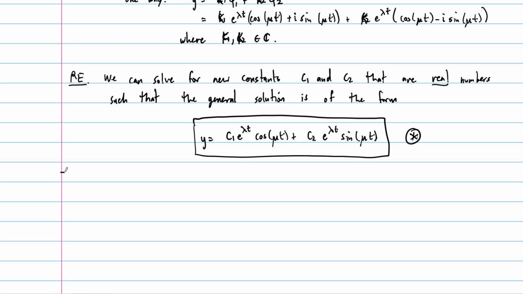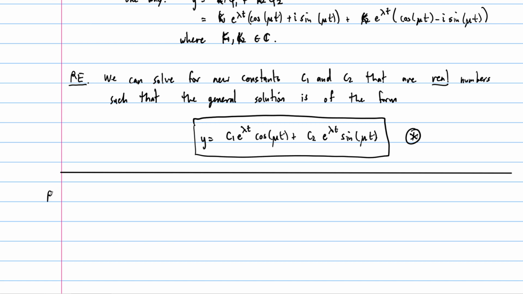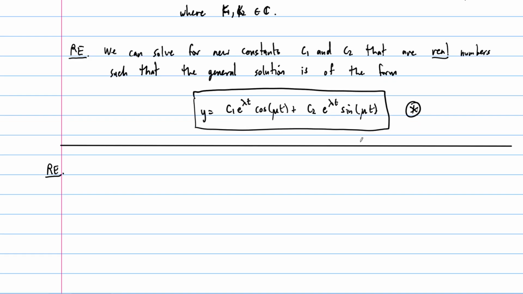A couple things I'd like you to do. First of all, this is a recommended exercise, but I'd like you to take a minute, pause the video, and do this one right now. For this solution, we need to check and verify that the Wronskian is non-zero. So we need to verify that e to the lambda t cosine of mu t and e to the lambda t sine of mu t form a fundamental solution set for our differential equation.